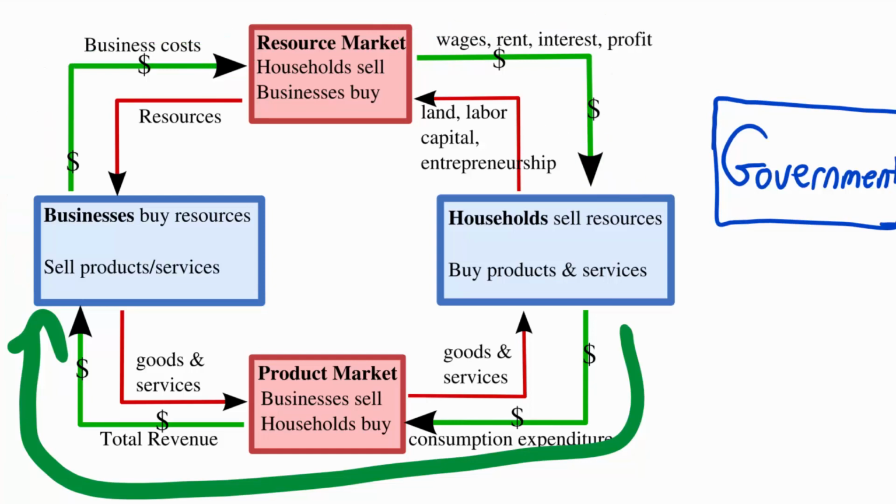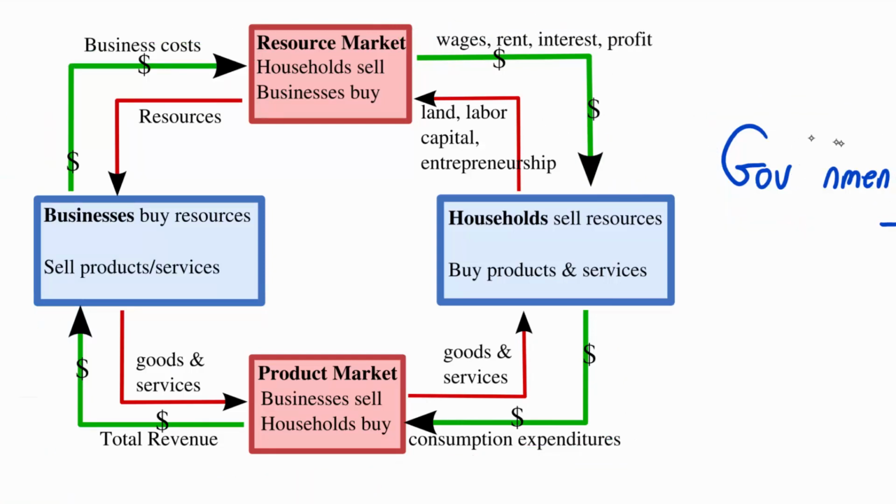Now, another thing we could add, maybe this is the circular flow for one country. Maybe this is the United States economy that I have right here. Perhaps something else that we would want to build in is foreign trade, right? Other countries.